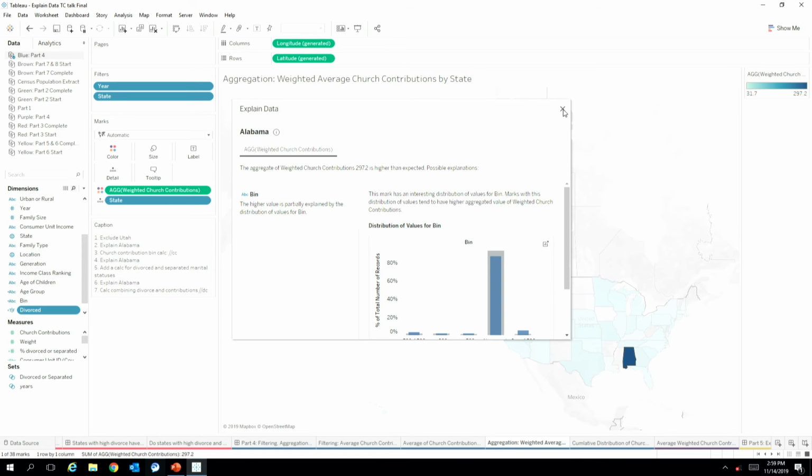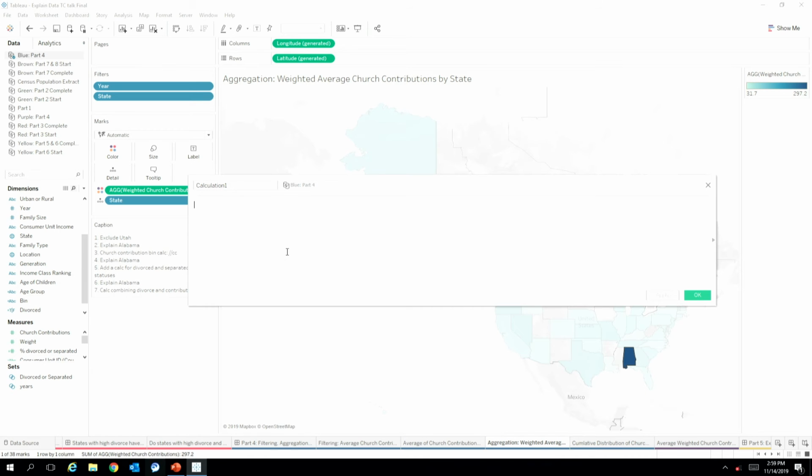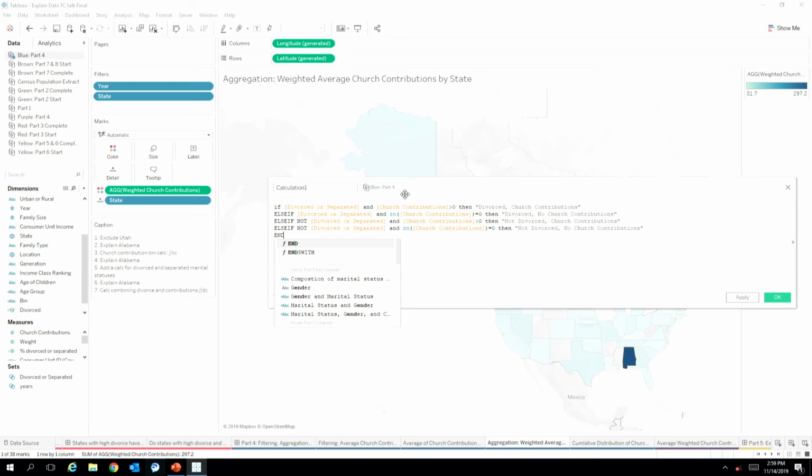And so if we were to look at, say, the divorced population who is also making church contributions, maybe that population is different and interesting. And so if we created, instead of a calc just looking at that one field, a calc that combines both the church contributions and divorce, perhaps that will give you an interesting explanation.